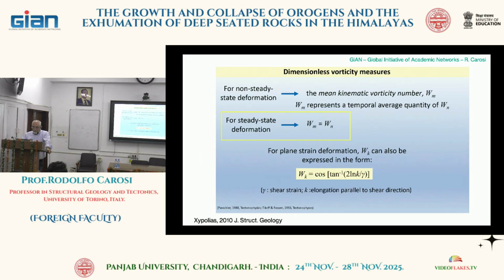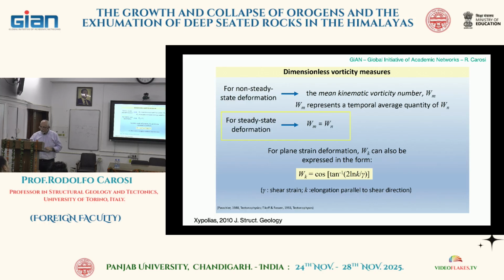Okay, we can go ahead with this. Okay, we have to distinguish between vorticity K and vorticity M and N, which are different points of view of the vorticity. This is instantaneous vorticity, this is finite vorticity. This is another kind of vorticity that we can consider when there is increasing volume of the rocks.